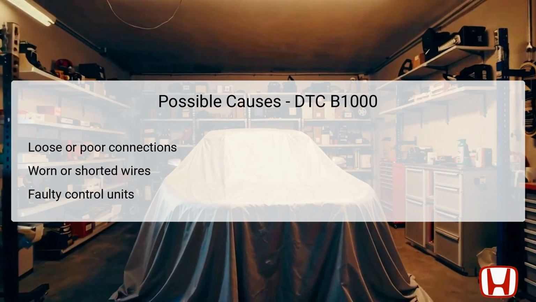Additionally, a faulty control unit could be the root of the issue if it cannot send or receive signals correctly. Each of these causes requires thorough inspection and testing to confirm whether they contribute to the B1000 error. Addressing these potential issues is imperative to restoring proper communication between the vehicle's control modules and eliminating the DTC.